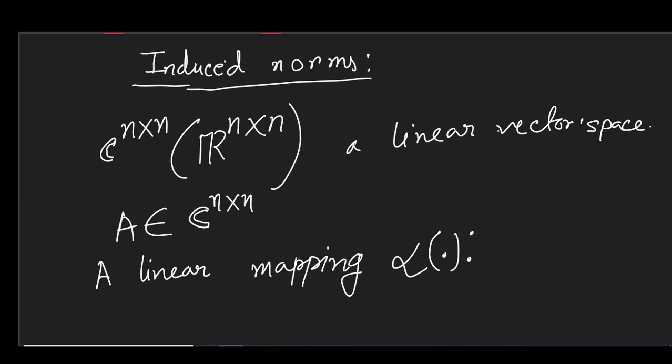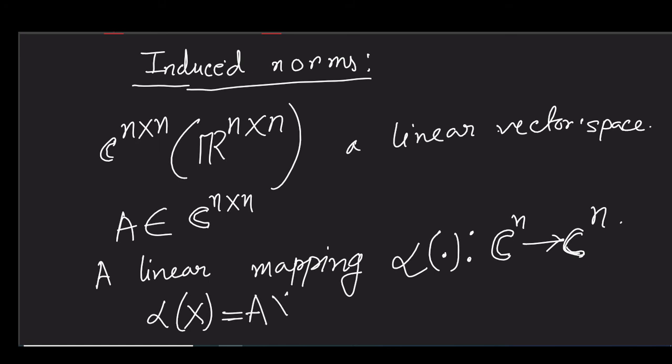alpha from C to the power n to C to the power n, right? Basically we can write alpha x equal to Ax for all x belonging to C to the power n.